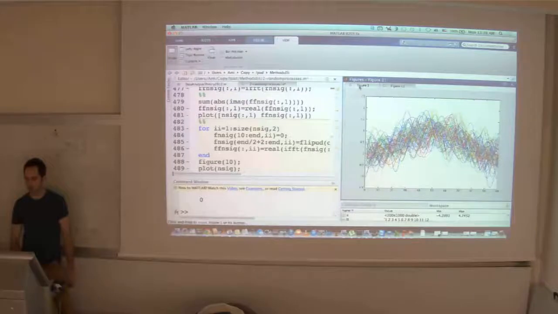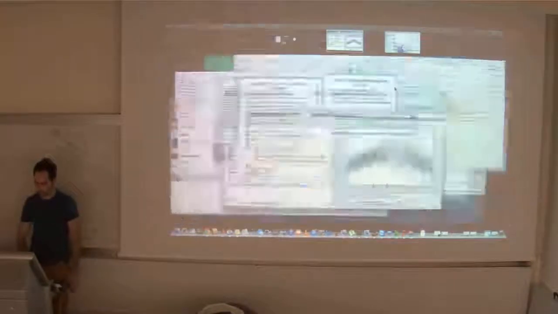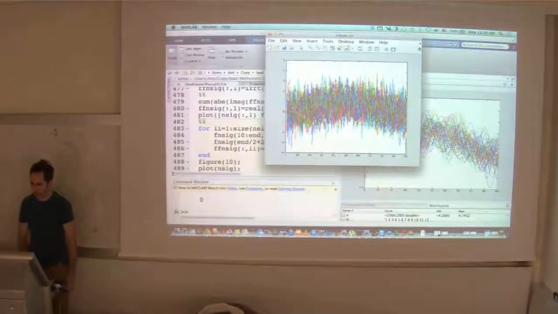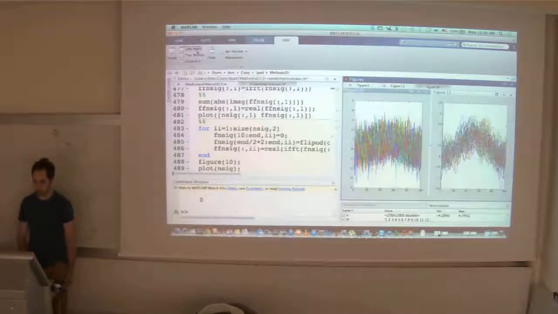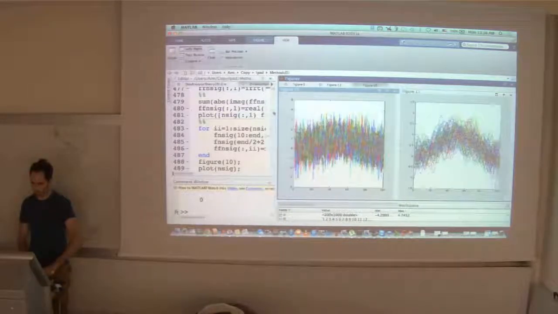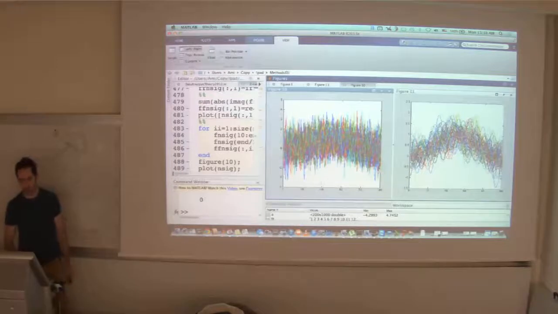Now we can compare the original signal, which looks like this, to what happened when I eliminated all the frequencies above 10. Here it's definitely nicer than this, but we can still see other fluctuating stuff.